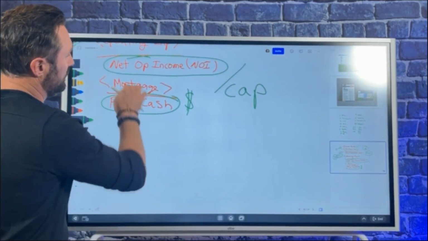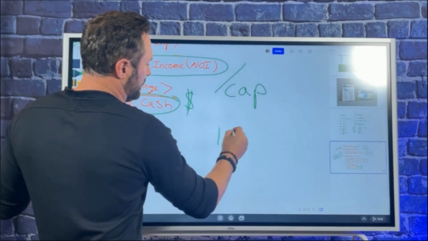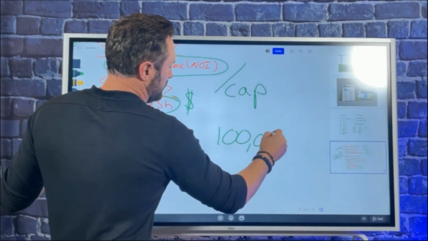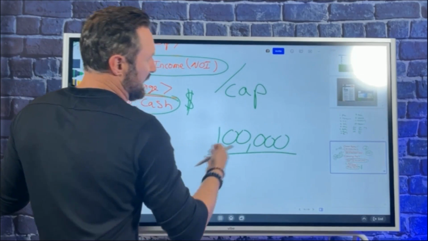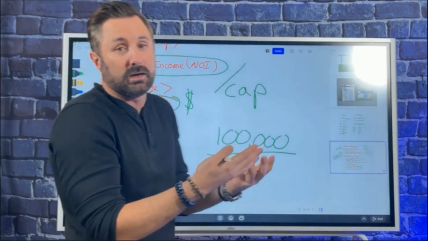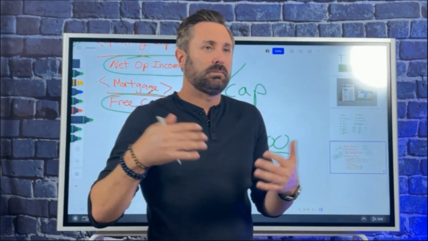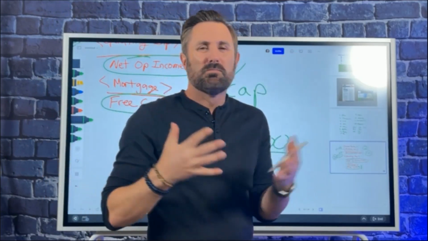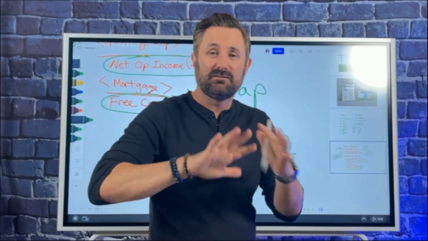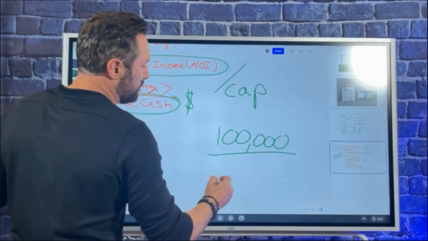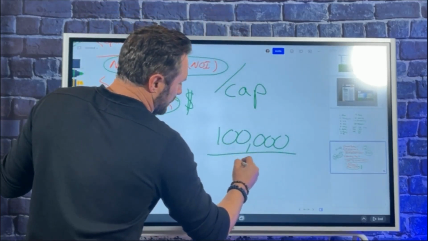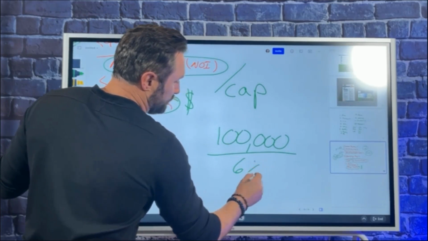Let me give you an example. Let's say the net operating income on the property is $100,000 a year. And a cap rate, which is determined by the market. Brokers, sales and comps, the general market determines this cap rate, so you don't have to figure it out right now. But let's presume it's a 6 cap for simple math.